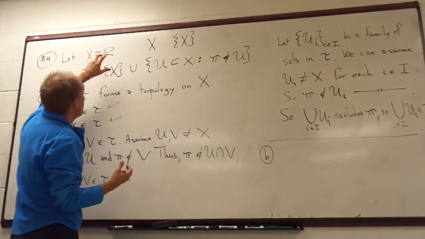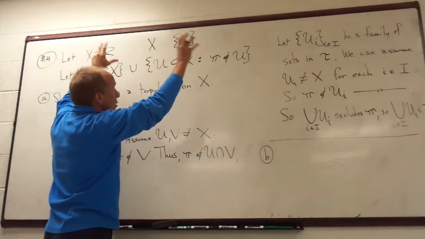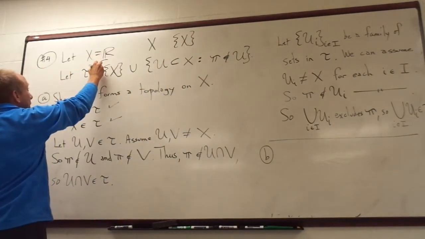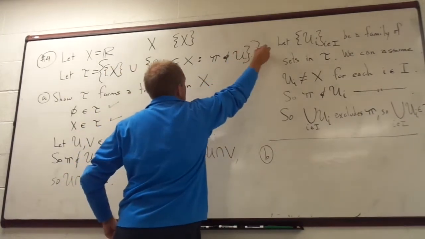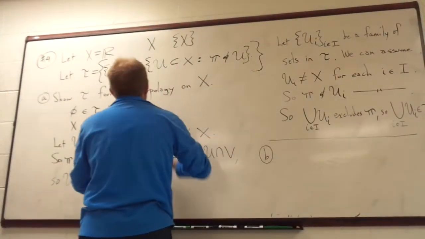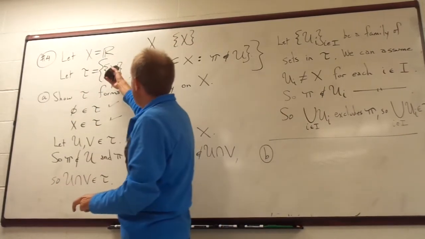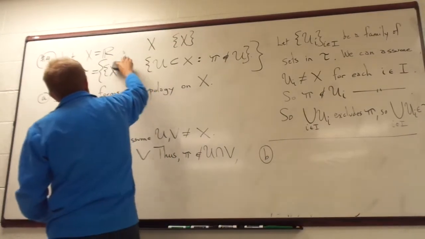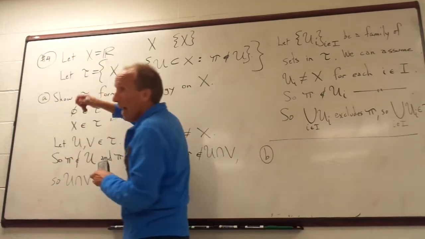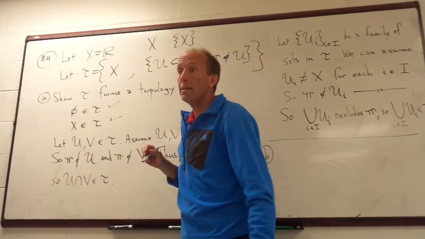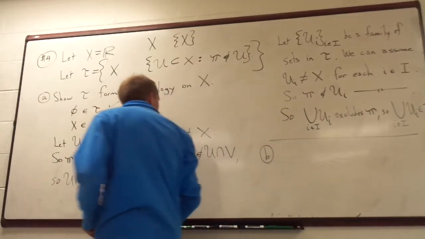But I'm making a bunch of sets and just throwing them into a larger set. This topology has big curly braces around it. So tau has that set in it, and it has any one of these kinds of sets in it. Okay. Great.